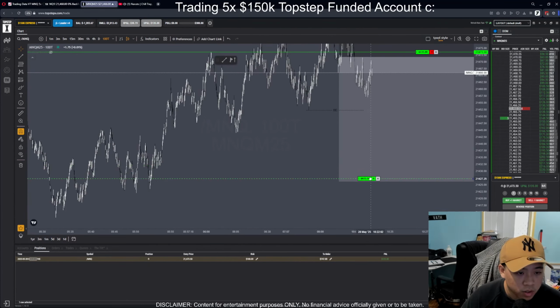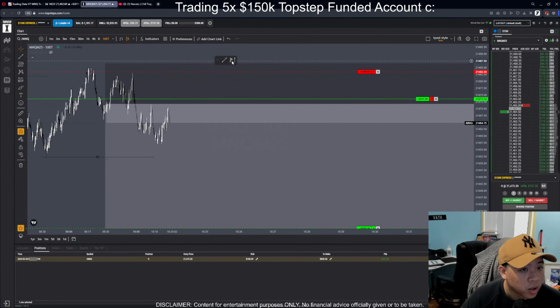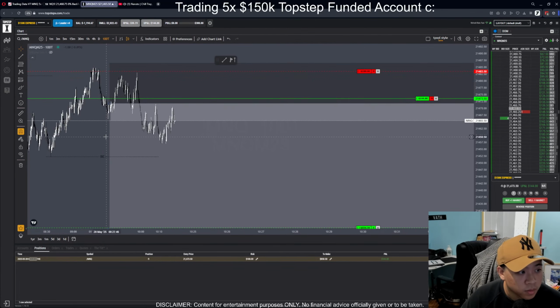I'm going to maintain the take profit there. Trailing my stop loss a bit now, just respecting this little internal protected high as it comes down.